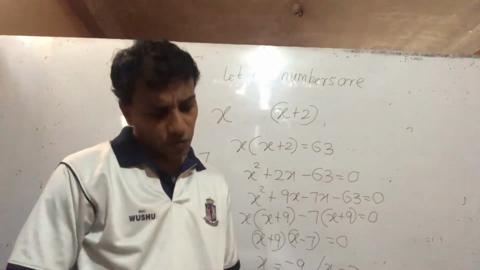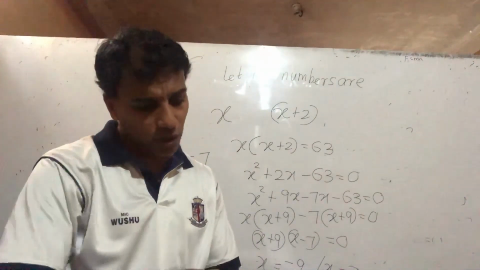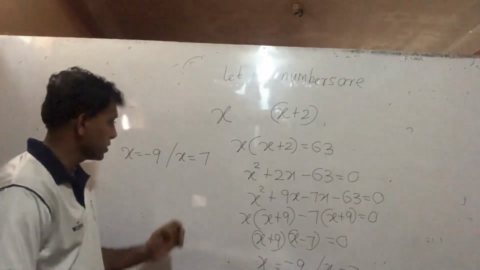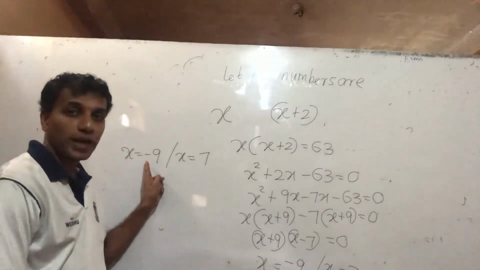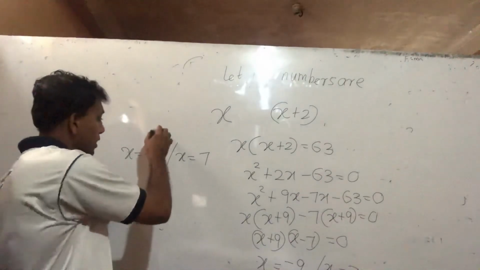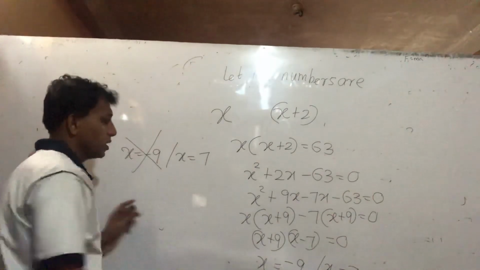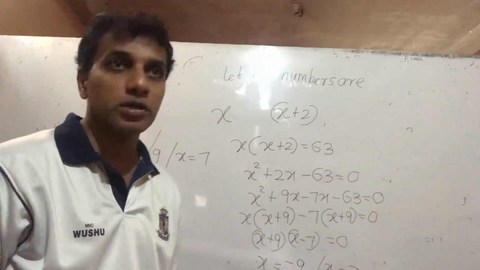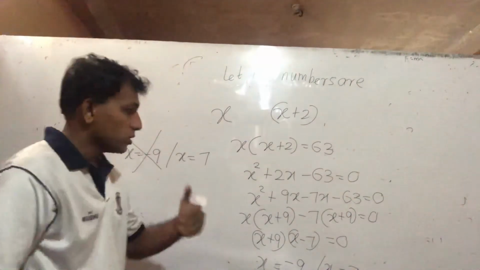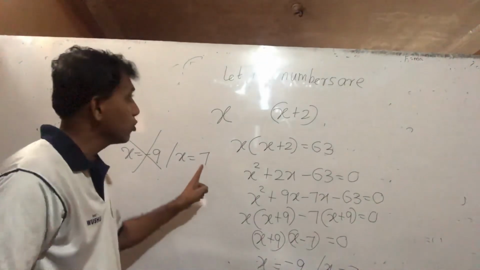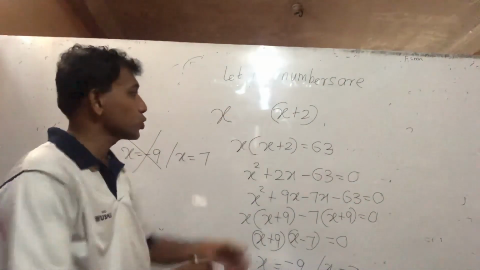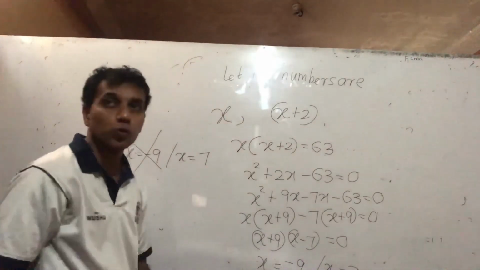Now what is the solution for this question? The question says positive odd numbers. See, this is negative, minus 9, therefore you can't take minus 9, take 7. So find the two numbers, successive numbers. I took x and x plus 2.